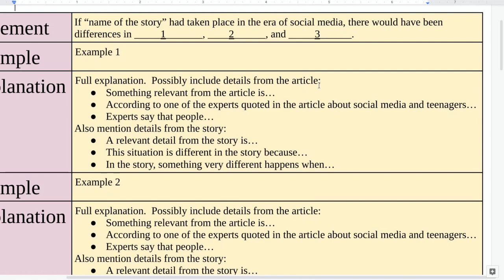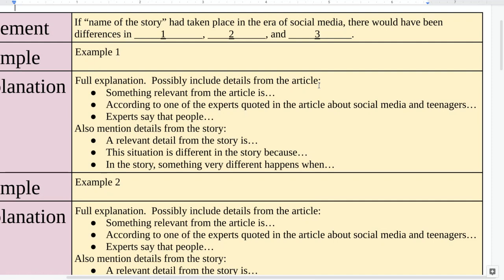Let me say this part here, look carefully at what I'm saying. This part here, this is really for the people who want to try to get an amazing level 4 mark on this. Because that requires some really deep thinking. Taking stuff that you've learned from a nonfiction article, applying that to a story, that's some deep thinking.